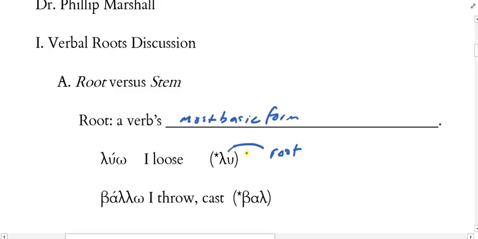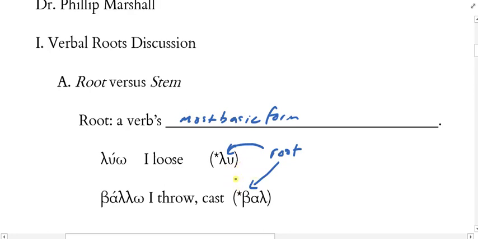Now, ballo, in his vocab list, he'll give you I throw or cast as an English gloss. And then in the parentheses, you will get ball, which looks like a chopped off portion of that, with an asterisk, again indicating that that is not a real verbal form, but rather a theoretical part of the verbal form, and it's the most basic part.